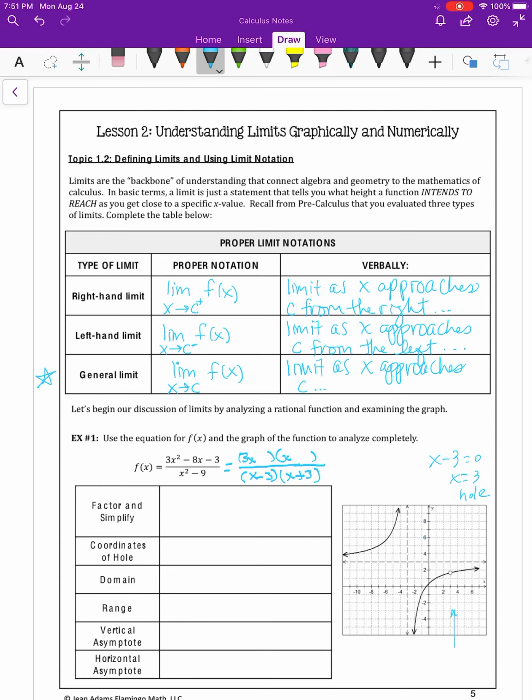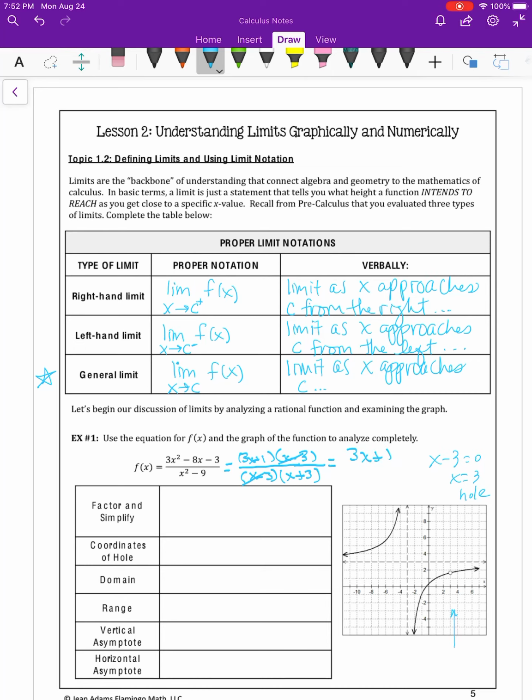And since I'm thinking that x minus 3 cancels, if I put a minus 3 there, I've got a negative 9, and then a positive 1, giving me a negative 8 in the middle. And positive 1 times negative 3 gives me negative 3 for the third term. So yes, those x minus 3's cancel.